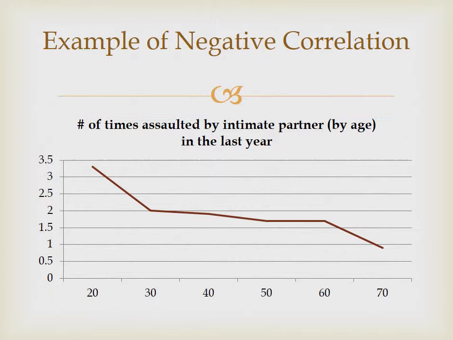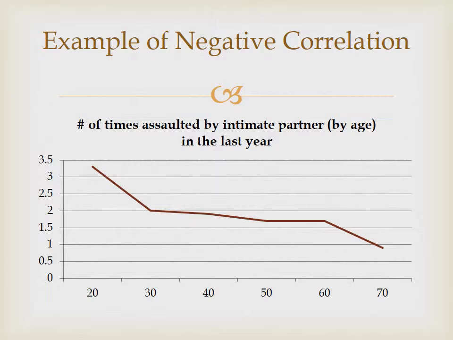And you see that the line slopes down. That means that as age increases, we find a decrease in the number of times a person is assaulted by a loved one. And again, if you're familiar with this research, you might think, well, that does make sense because we find that cases of intimate partner violence are much greater at a younger age.